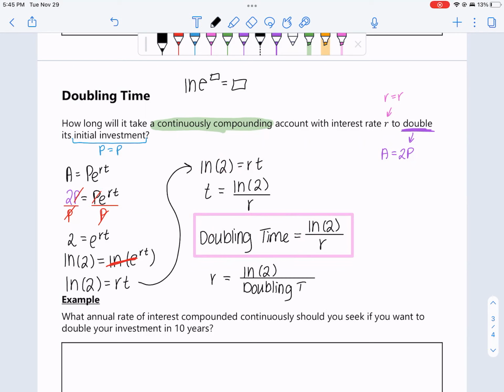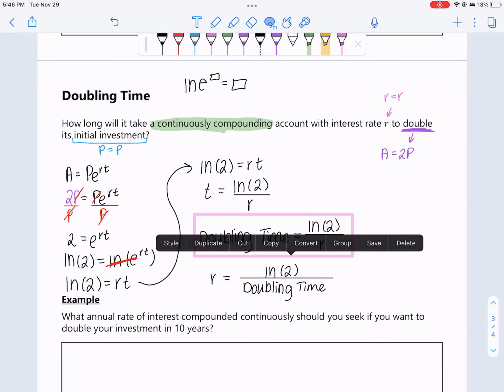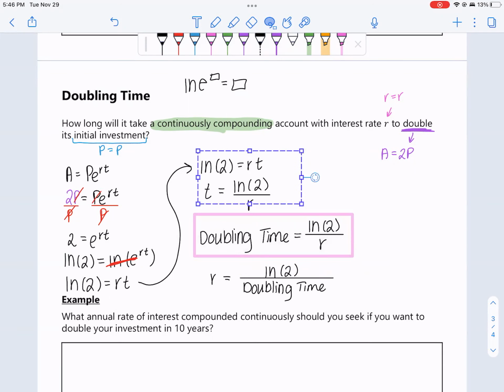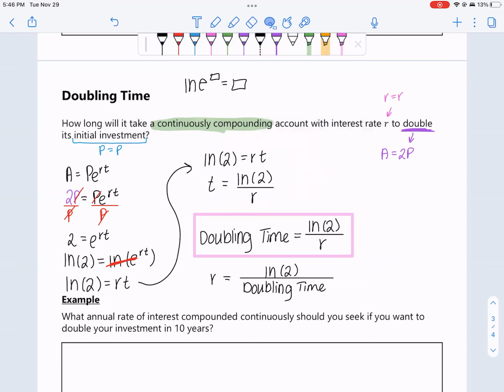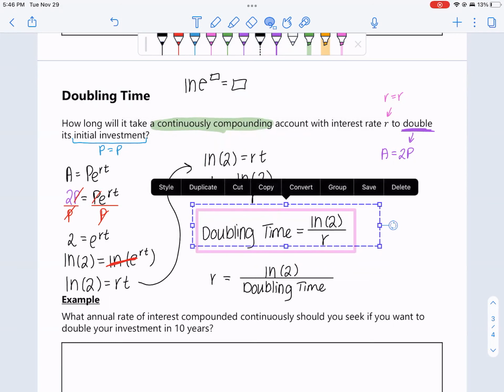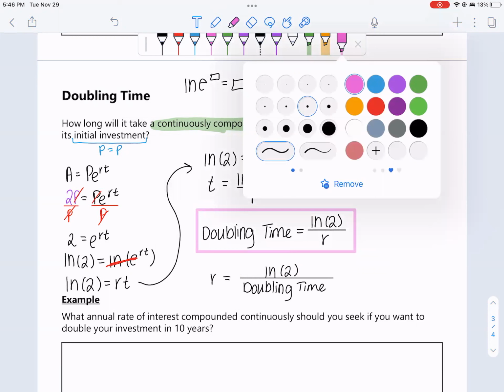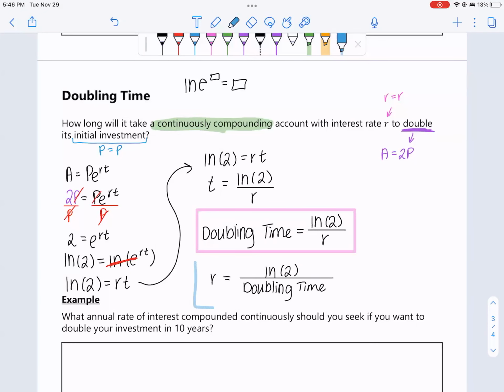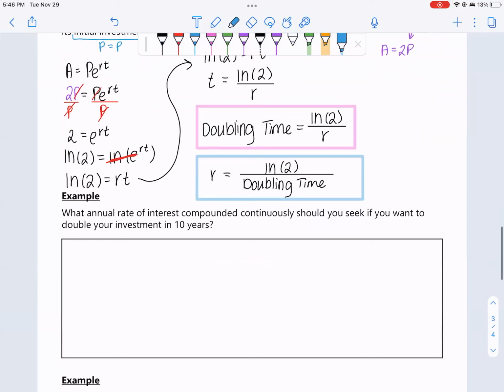So if you know how long it takes for your account to double, you can find out your interest rate from that information. Pretty cool. Two important formulas. Let's go ahead and use them.